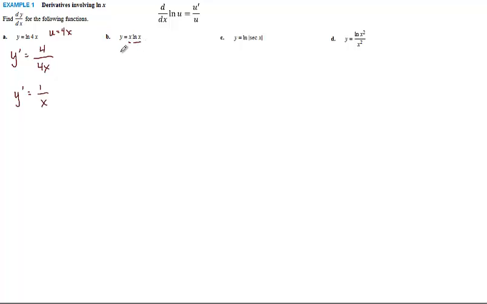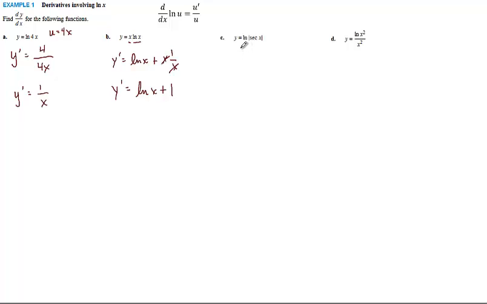Got x times the natural log of x. And using the product rule, I'll take the derivative of the first one, the derivative of x is 1, leave the second one alone, plus, leave the first one alone, take the derivative of the second. The derivative of natural log of x is 1 over x, making this pretty. So natural log of x plus the x's here cancel, 1.